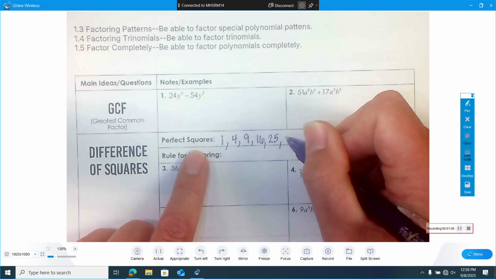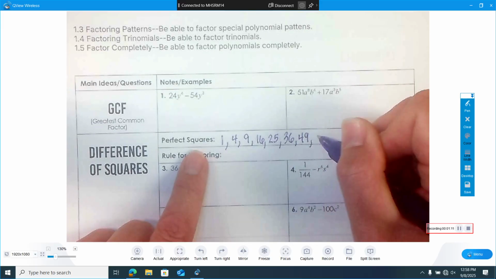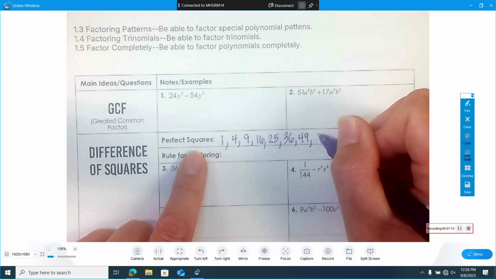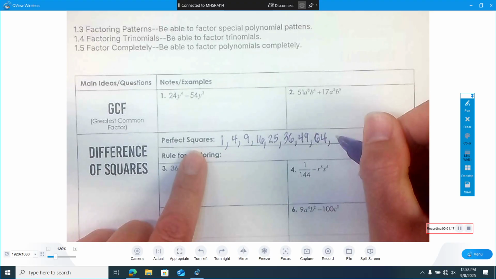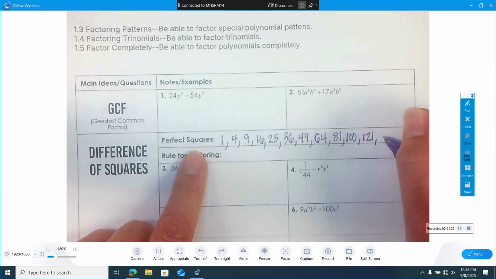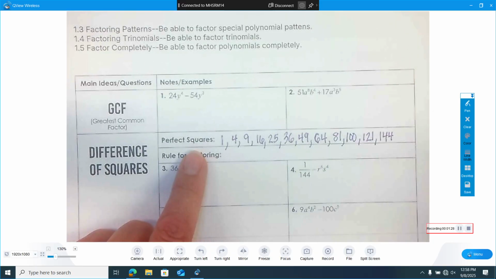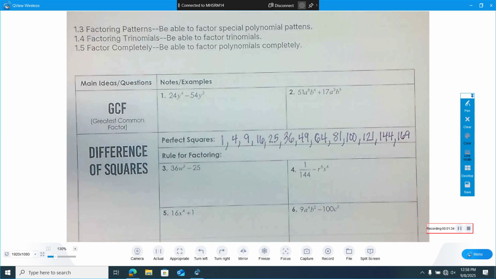And then 36, 49. 7 times 7. 64. That's 8 times 8. 9 times 9? 81. 10 times 10? 121 is 11 times 11. 12 times 12 is 144. 169. 13 times 13, 169. Okay, that's probably good enough.